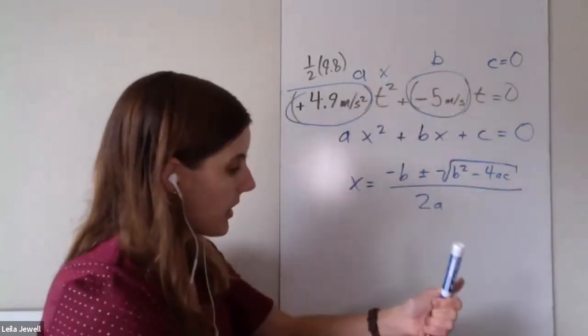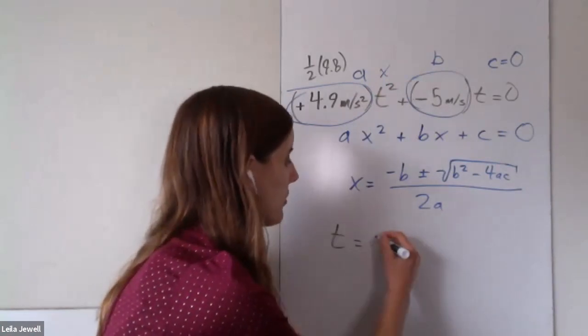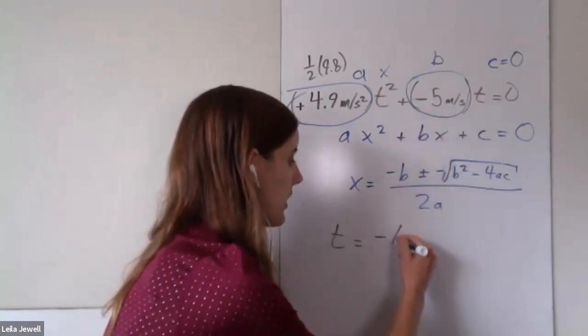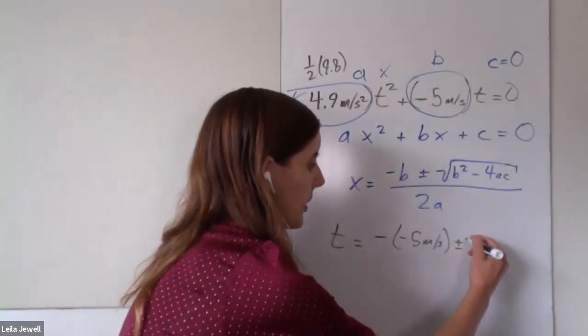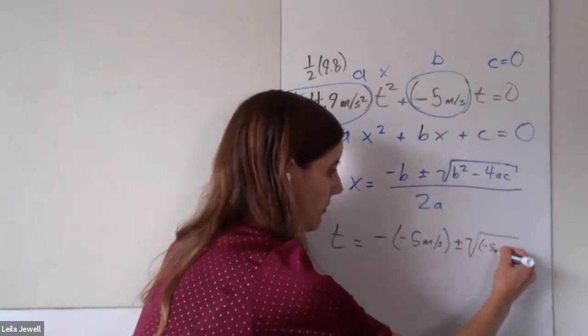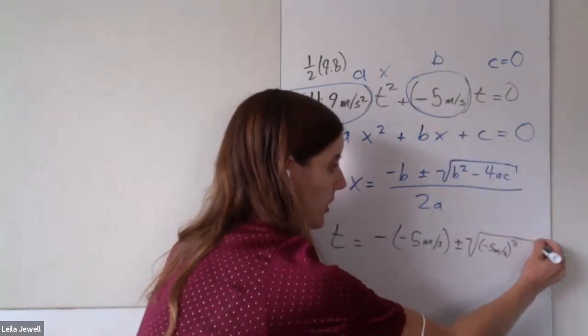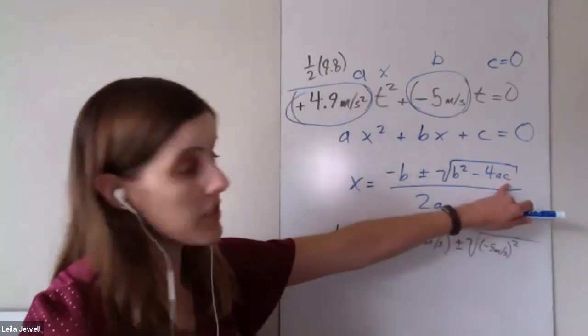So that tells me I can say that the time is equal to negative b, so negative 5 meters per second, plus or minus the square root of b squared, so negative 5 meters per second squared, minus 4ac, where c is 0.